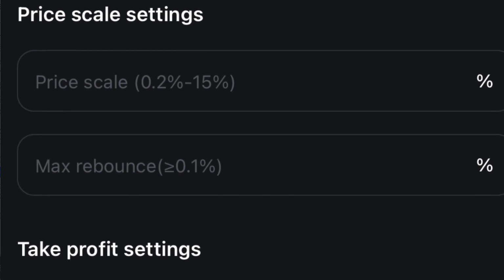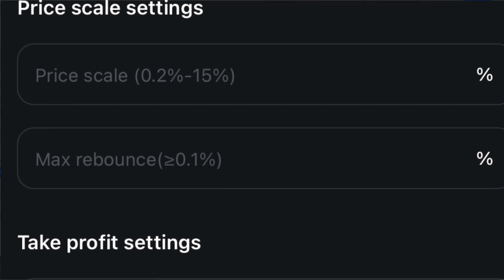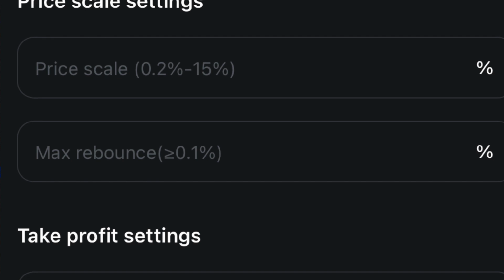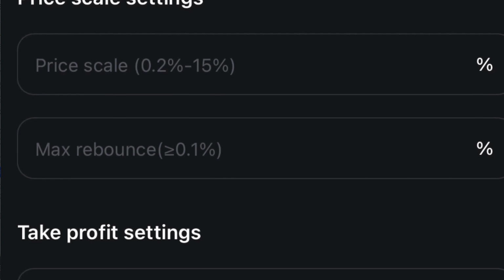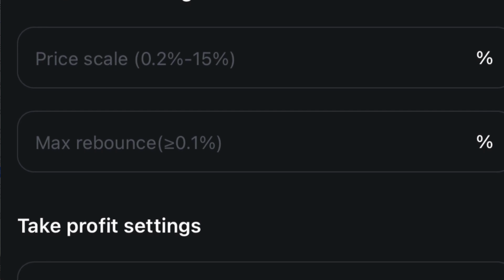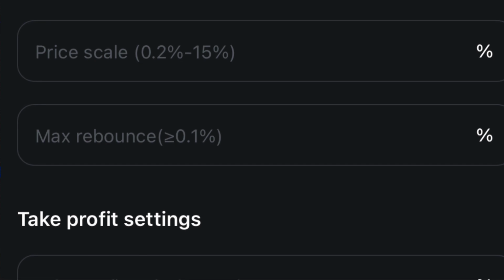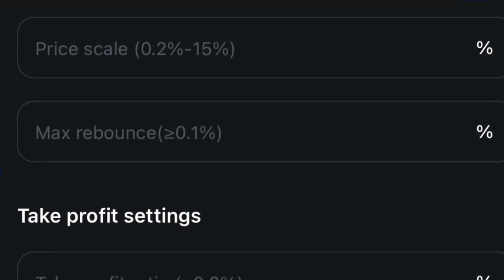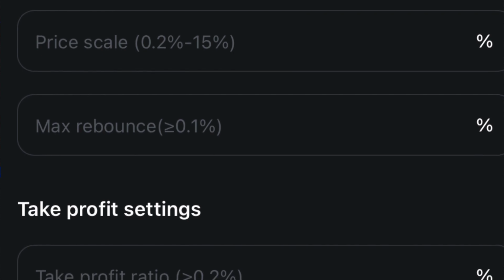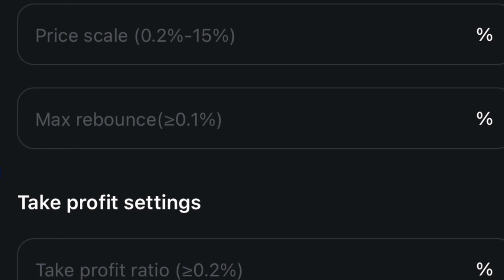Then you can set the max rebound percent, which indicates to the bot that this is a trailing buy. So the bot will trail, if you put in 1%, until it hits the very low and comes back up 1%. I'm hoping that helps. Think of that as the trailing buy.